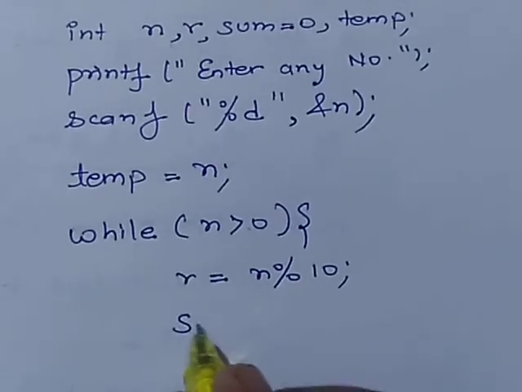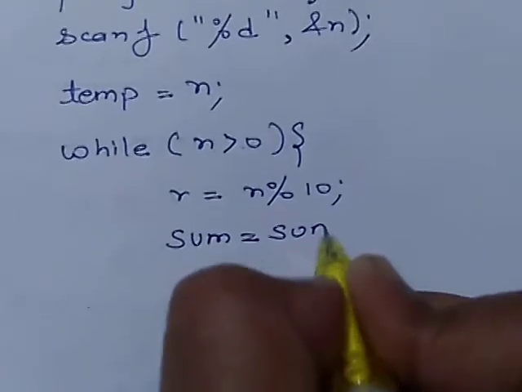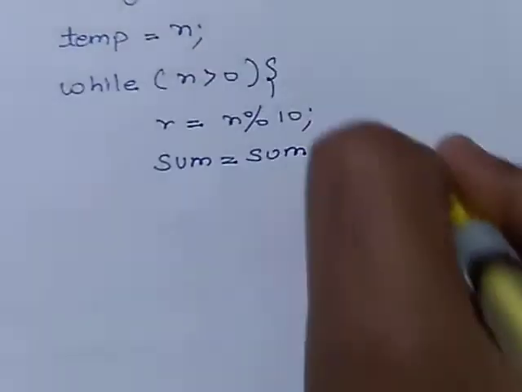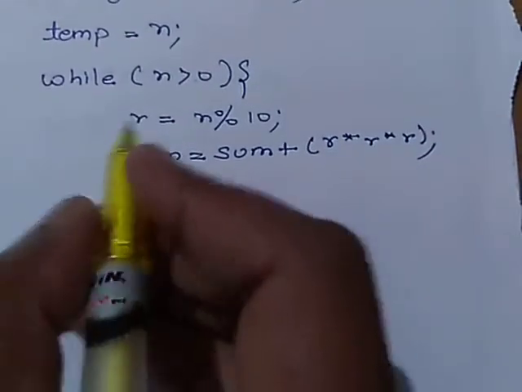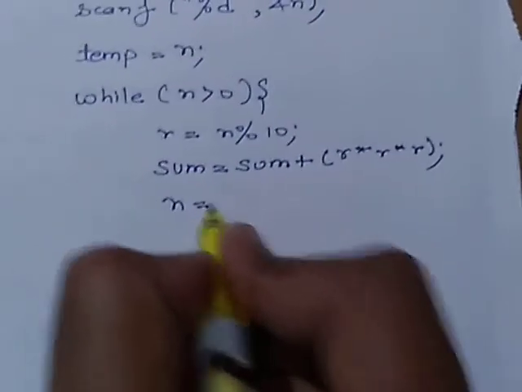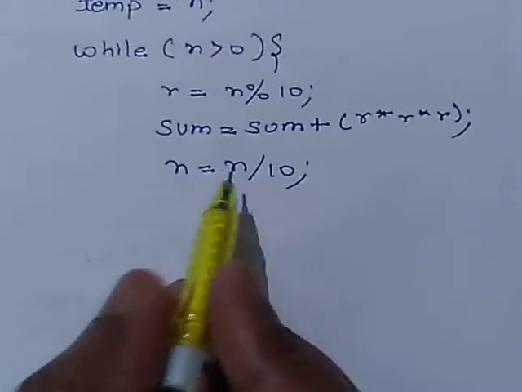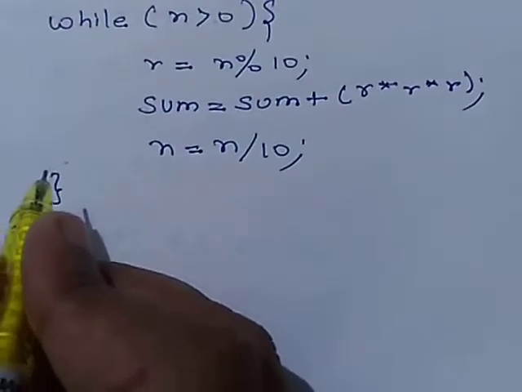Now we have to do sum equal to sum plus the cube of the remainder, that is r multiplied by r multiplied by r. Now again we have to take the remaining number, that is n equal to n divided by 10. Close this loop.